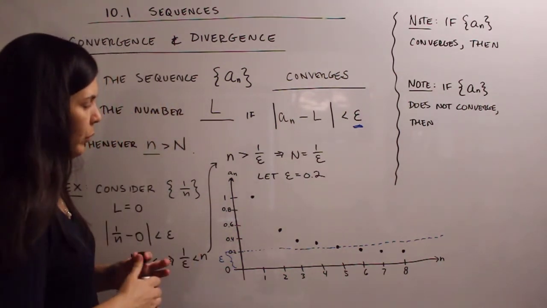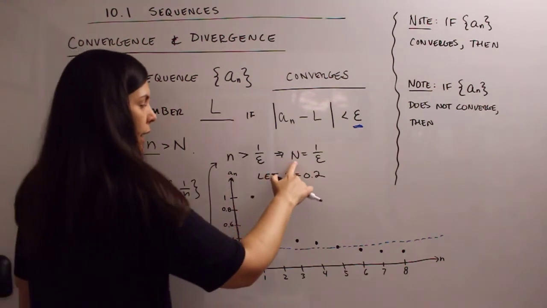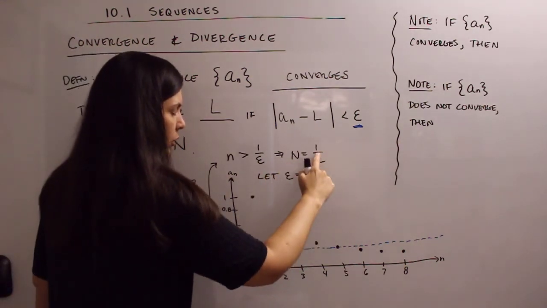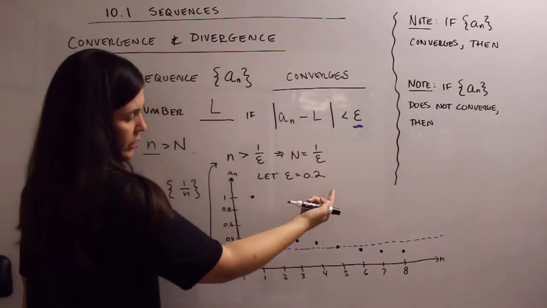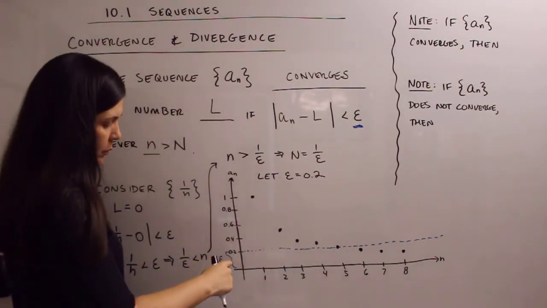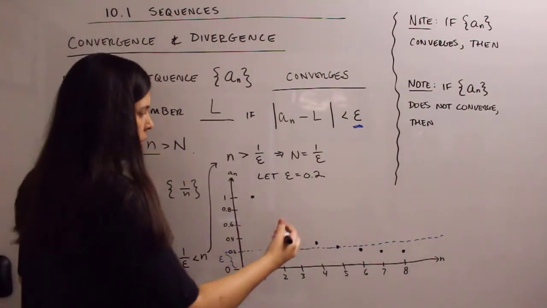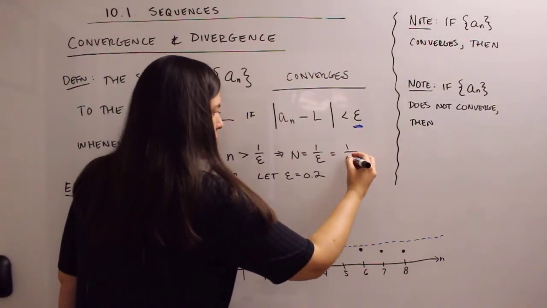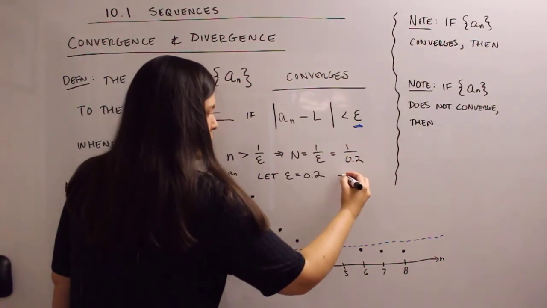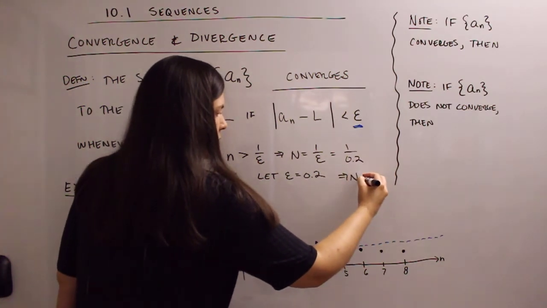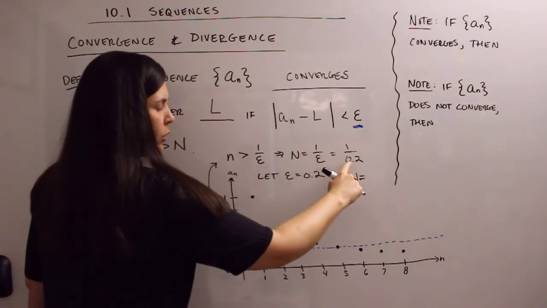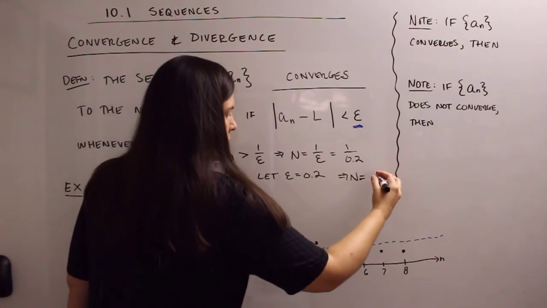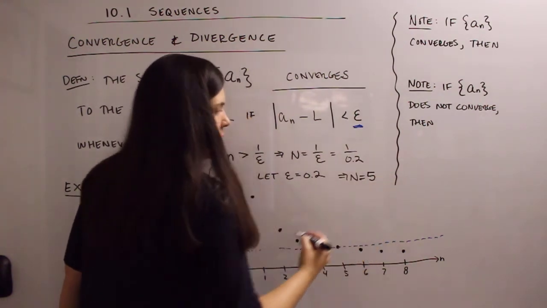So now we have that n is 1 over epsilon. We decided let's just pick 0.2 for our epsilon value. We could have picked anything, but I picked something pretty small, 0.2. And so if I plug that in here, we know that this is 1 over 0.2. So if you solve for capital N equals 1 over 0.2, you're going to get capital N is 5.